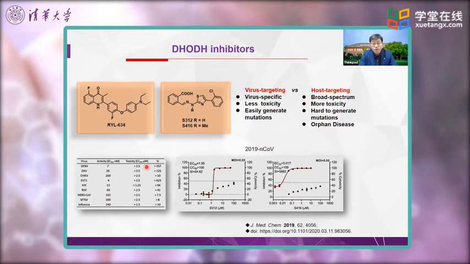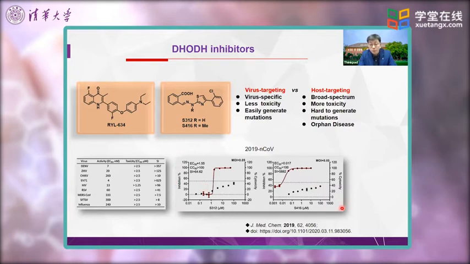In the early part of this year, a group from China also reported developing DHODH inhibitors as potential coronavirus inhibitors. We can see their data here.